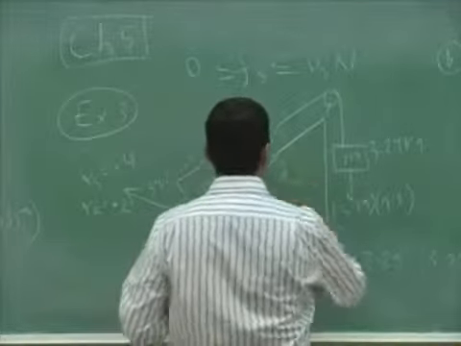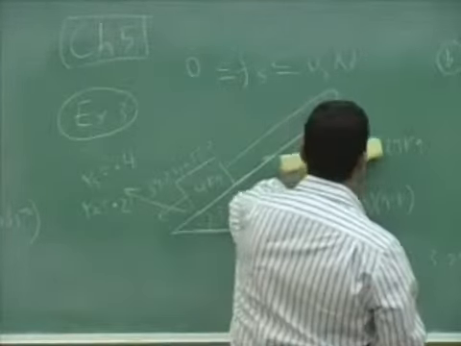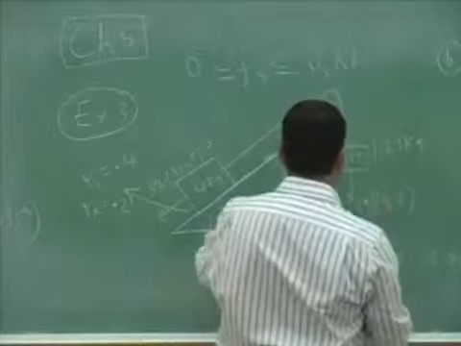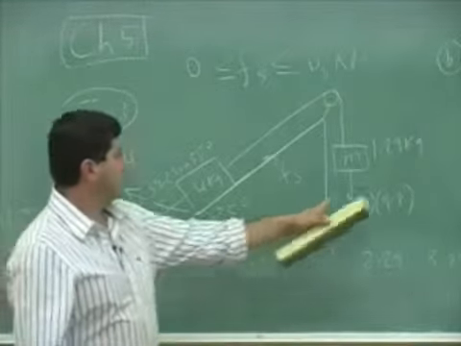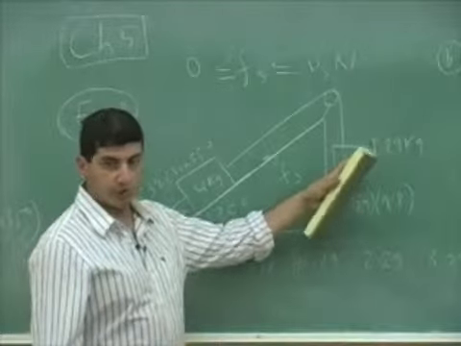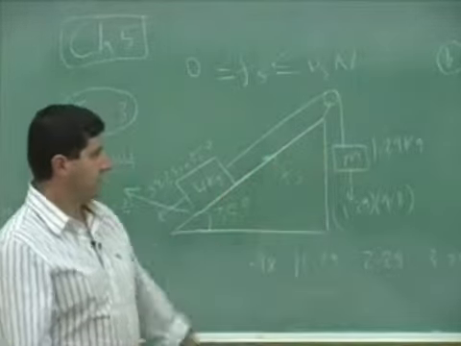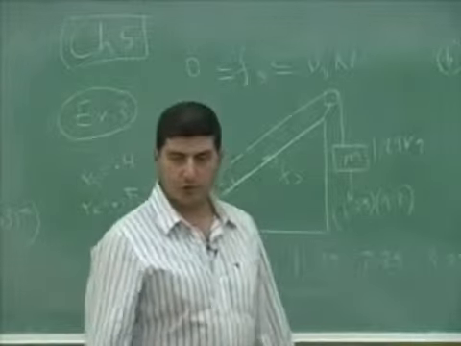The picture is going to look like this. You have 1.29. And now, since the mass is too little, friction is up the incline, and to solve for it, you solve that way.